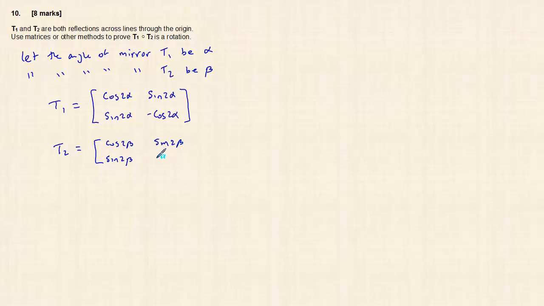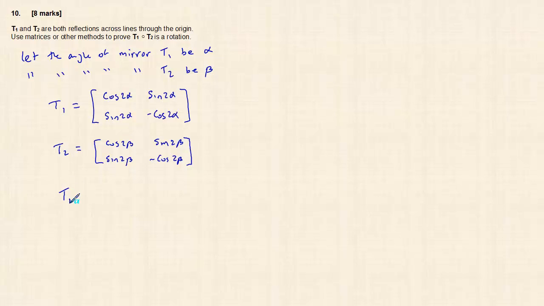Then we know that the T1 matrix is going to be cos 2 alpha, sine 2 alpha, sine 2 alpha, and negative cos 2 alpha. And the T2 matrix is going to be cos 2 beta, sine 2 beta, sine 2 beta, and negative cos 2 beta.